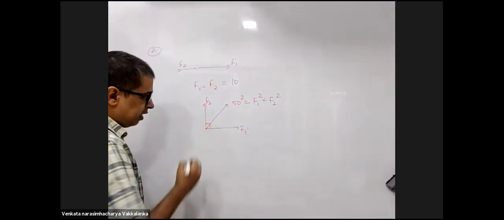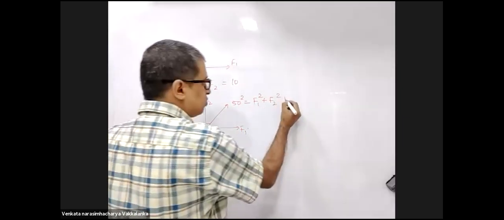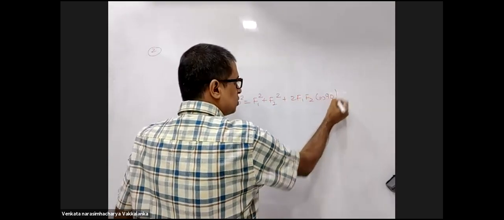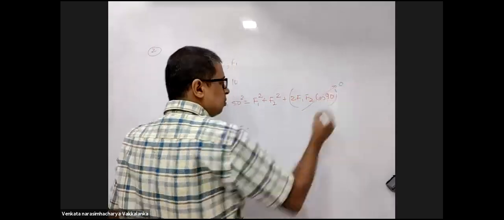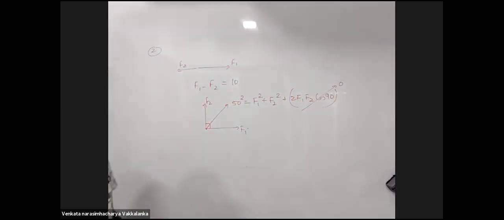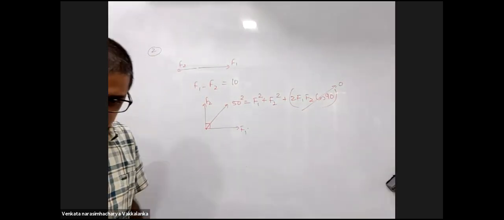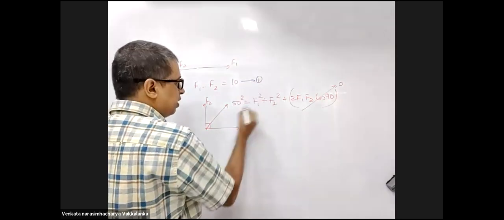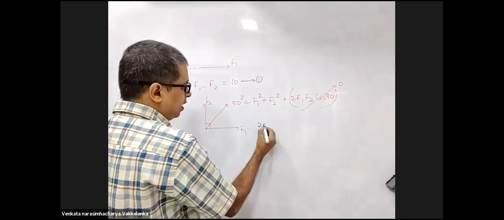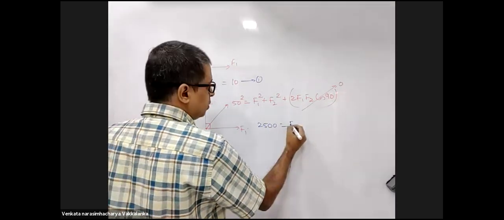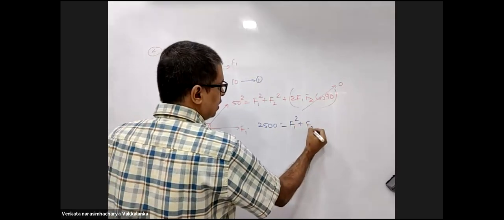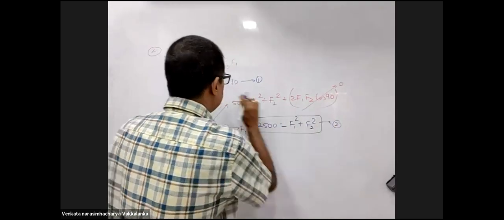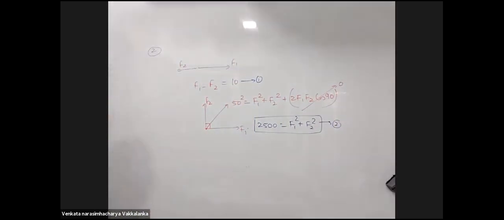Plus 2 F1 F2 cos 90, hence this will be 0. So this is my first equation, F1 minus F2 equals 10. This is my second equation, 2500 is F1 square plus F2 square.